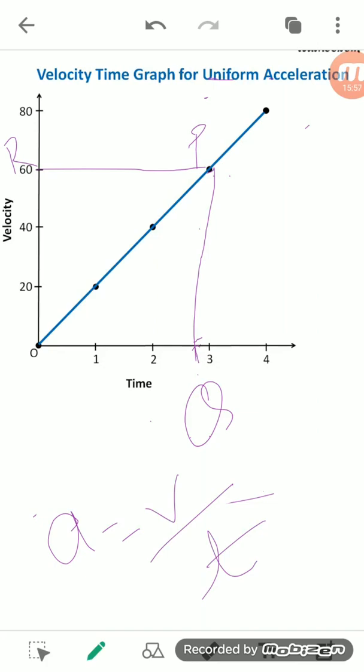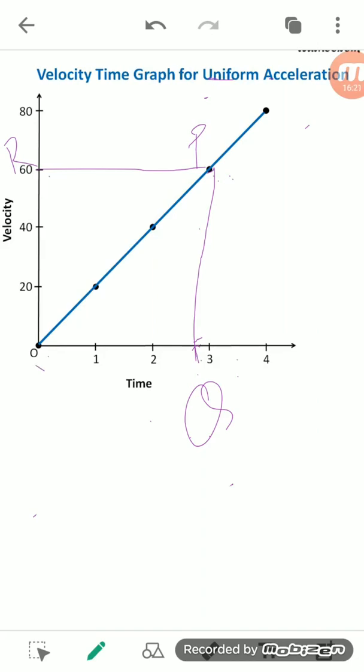If we want to see the change in the speed, this change in the speed is represented by PQ, whereas the time taken is represented by OQ, because PQ is the difference between the initial velocity and the final velocity.